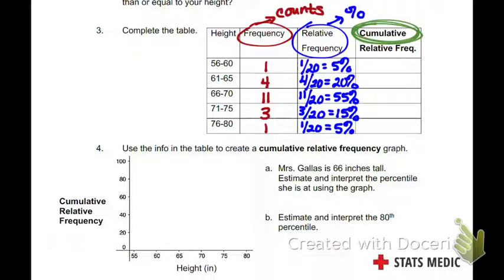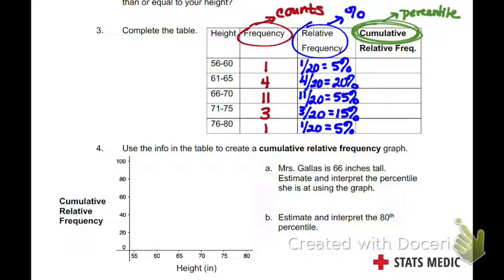Cumulative relative frequencies. This is where my percentile comes from. So when I asked, what percent of people were at Ariana's height or shorter, and then we did that with Israel's height as well, this is where my percentiles are going to come from.